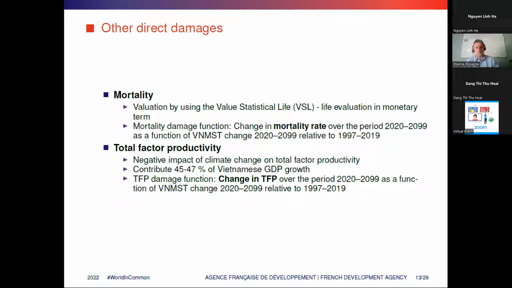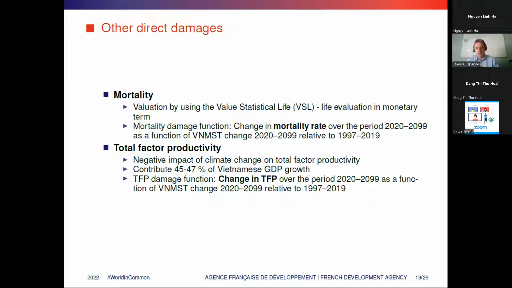And finally, total factor productivity was assessed by using firm level data, and because in the Vietnamese government, it's expected that this total factor productivity represents a very strong share of GDP growth in the future, it was quite essential to try to assess how TFP could be damaged by climate impacts.